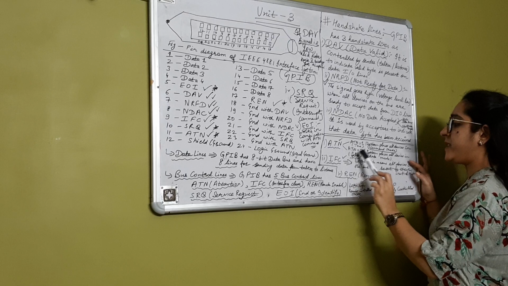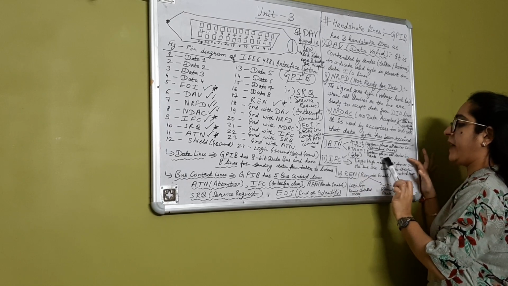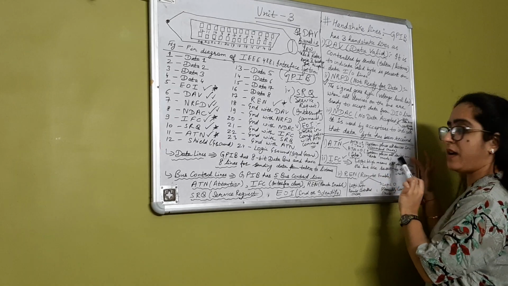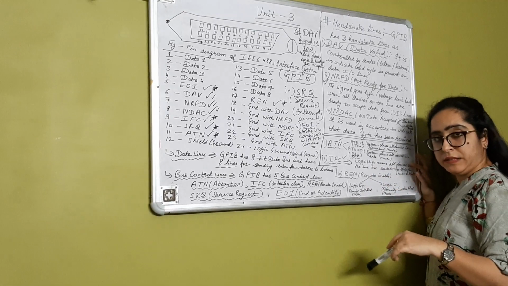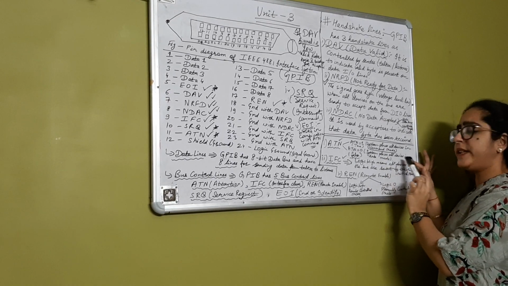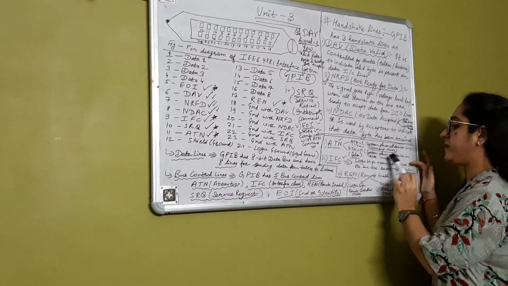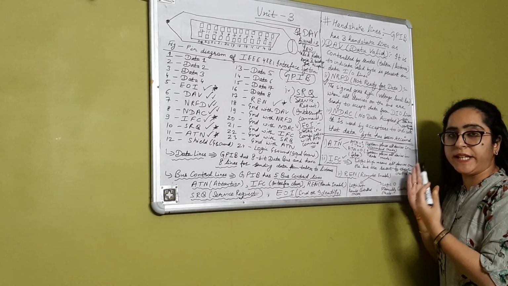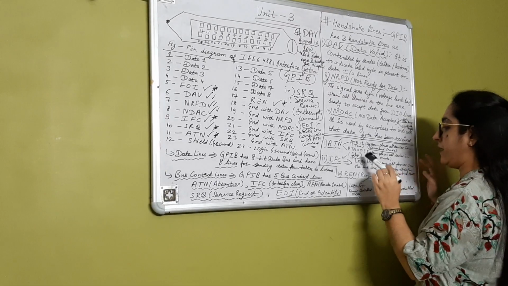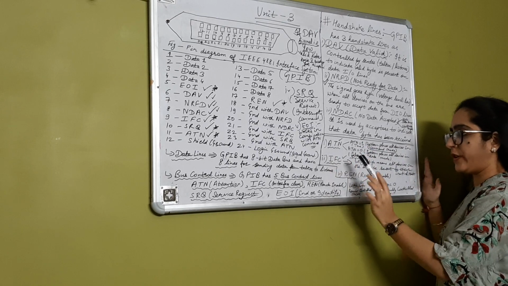So when ATN is 0, the controller or the talker can send data on the data bus, and once the data is transmitted, the listeners can read it. So this is the operation of ATN. I hope it is clear to everyone.